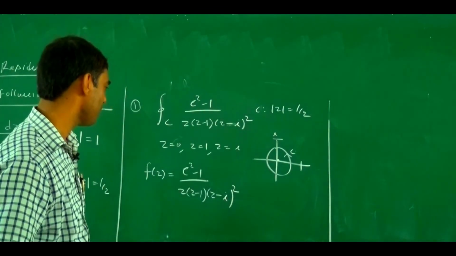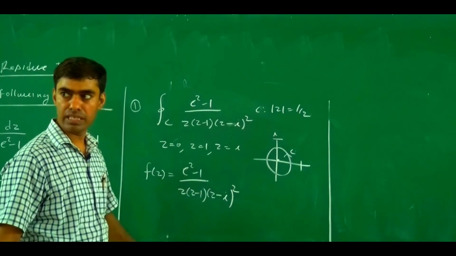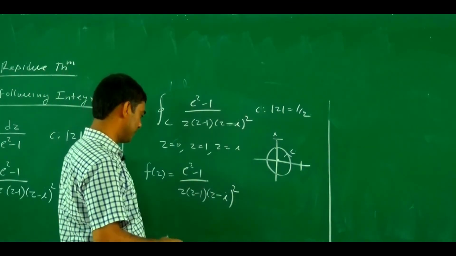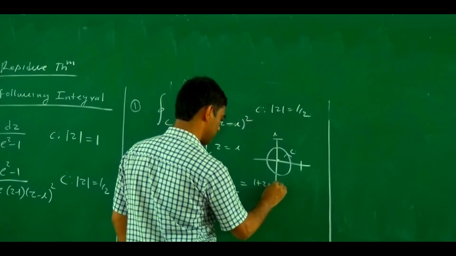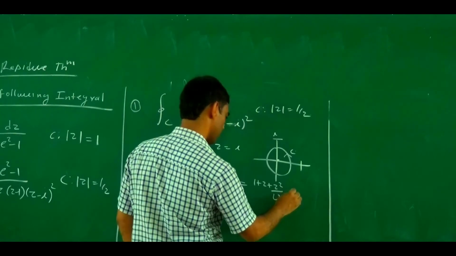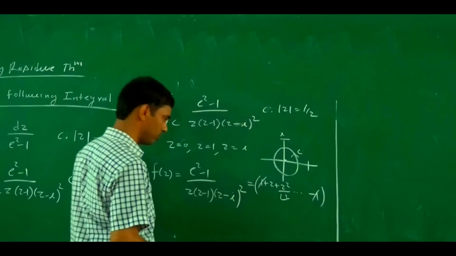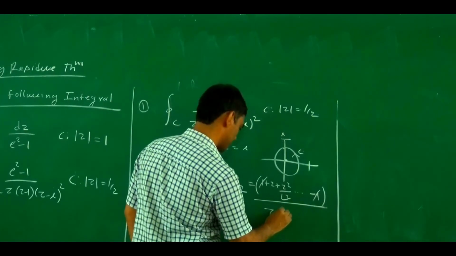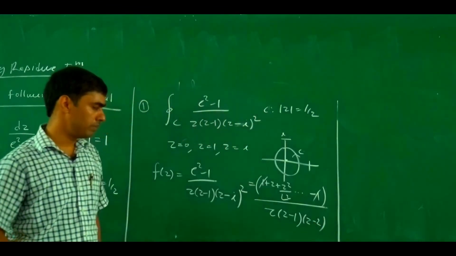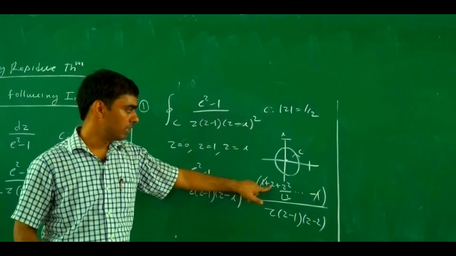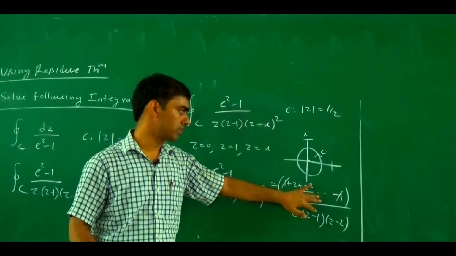So if you closely observe, e to the power z minus 1, z minus 1, z minus i whole square, then this becomes what? This becomes e to the power z is 1 plus z square upon factorial 2, and this one is minus 1, this one cancels out, divided by z minus 1 and z minus i. So if you closely observe here, z comes from all infinite number of terms.